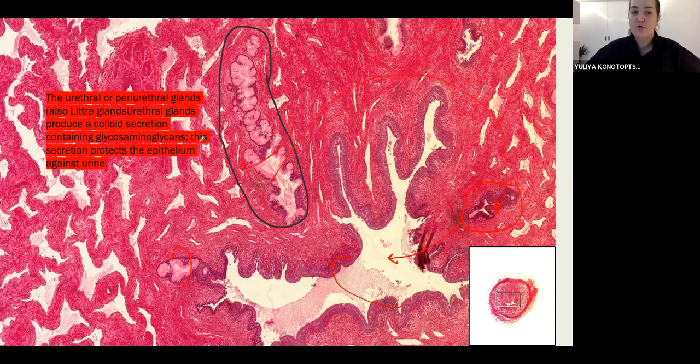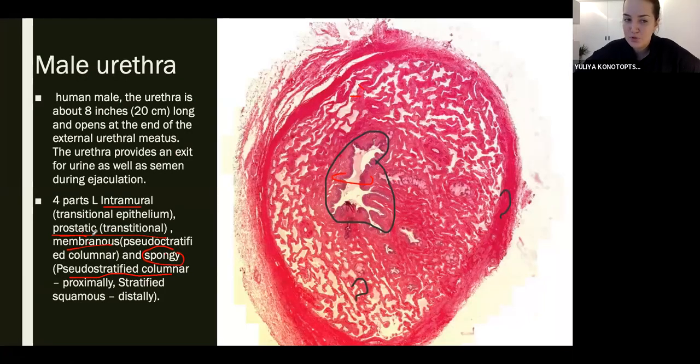These glands produce a colloid substance, which is very rich in GAGs. And the purpose of it is to protect your urethra from the urine. Because guys, don't forget, transitional epithelium stops at the prostatic urethra. So technically, whatever urine you're passing could damage the epithelium there.